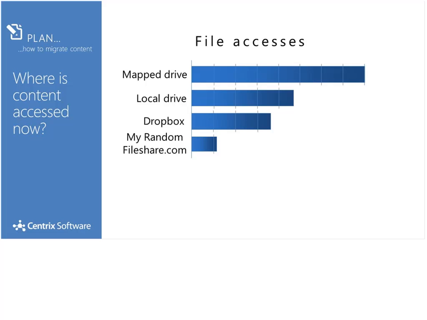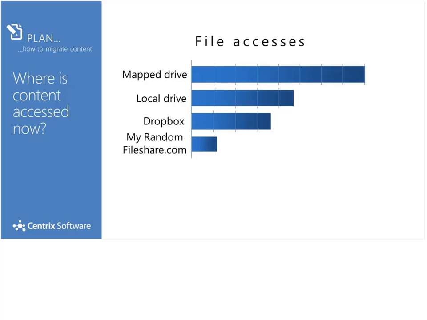It may be, as an example, and we've had a number of customers who say this, that they know a number of their users are accessing files directly from email. It's obviously quite an expensive way of storing your files. So you're able to see how people are accessing those files.